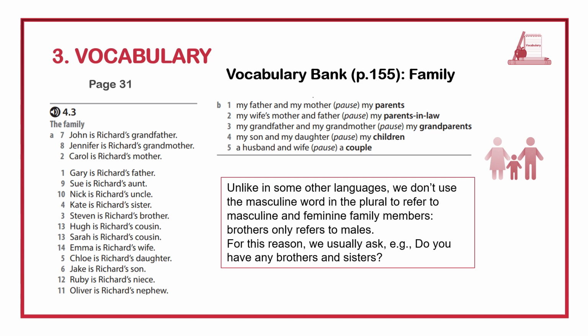And number 5, a husband and wife are a married couple or just a couple. You can also listen to track 4.3, maybe hear the sentences and repeat so that you will get better at pronunciation. There is also a green box there in part C, more family words.